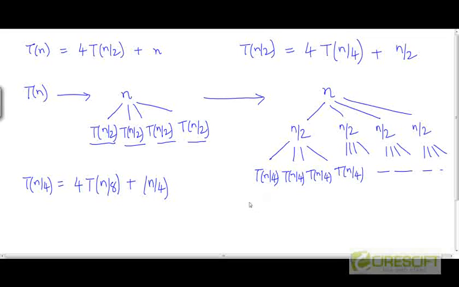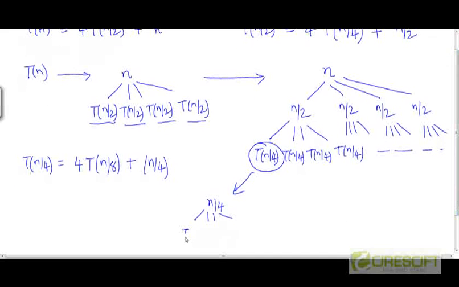So we can continue this process. Let me just illustrate that this node T of n by 4 is going to be replaced by n by 4 with 4 children, each child being T of n by 8. And we'll do this for every node here.